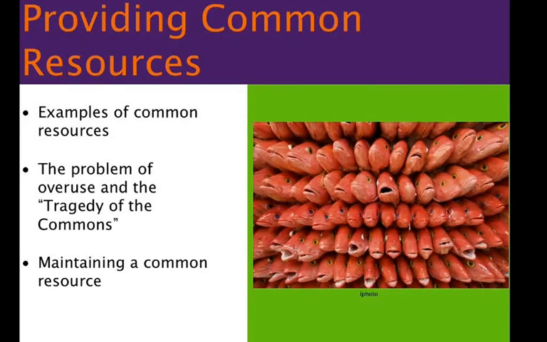They're non-excludable and rival, and this creates some special problems for the use of the resource. Other examples of common resources are the oceans themselves, clean air, clean water, et cetera.